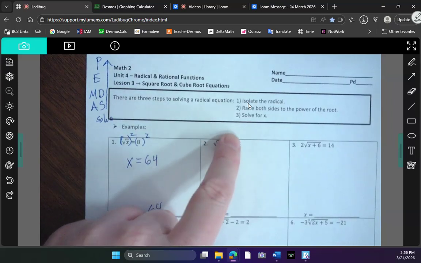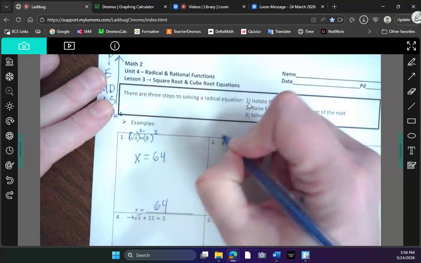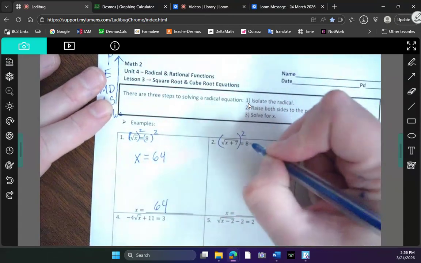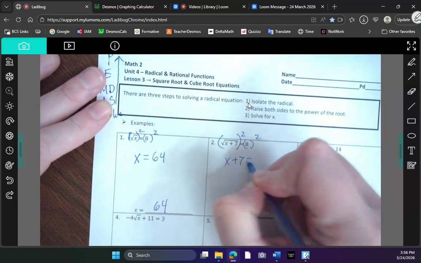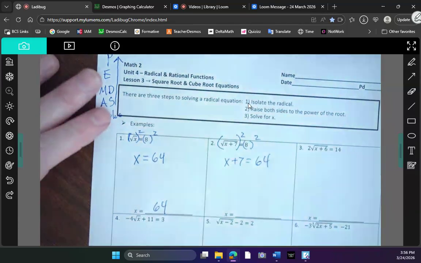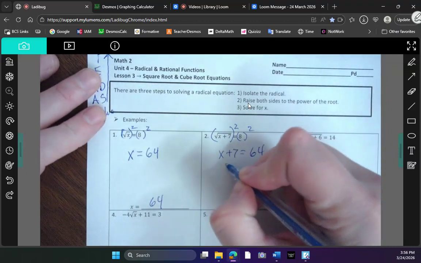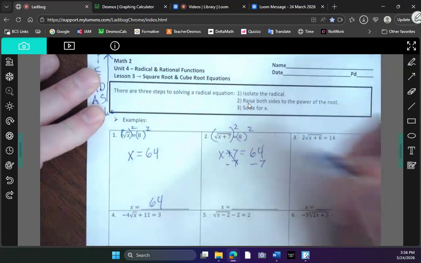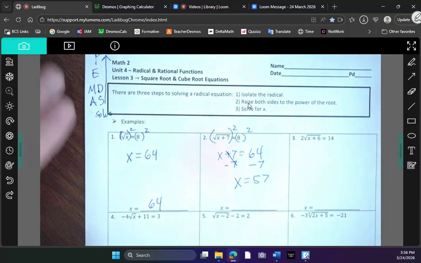This radical is already isolated. So the opposite of a square root is yet again squaring. So we got x plus 7 equals 64. And the opposite of adding 7 is subtracting 7. And that's going to give us x equals 57.